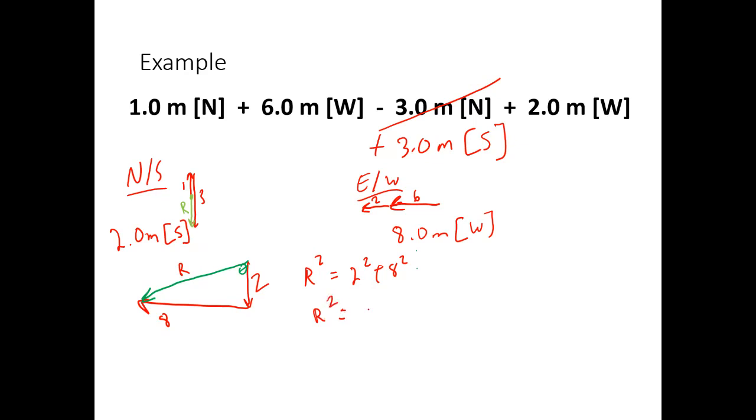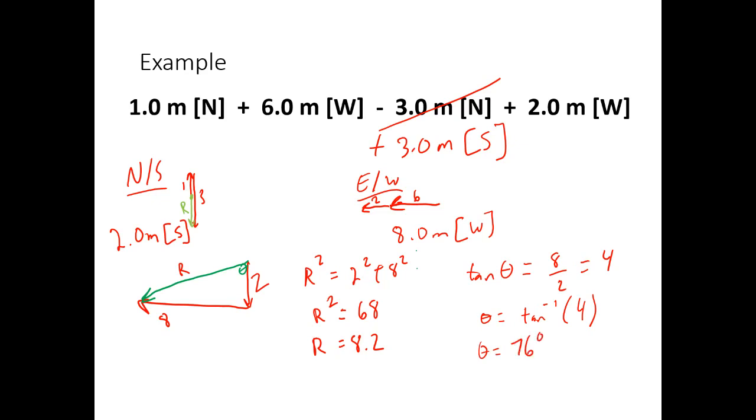R squared is 68, or r being 8.2. The tangent of theta is 8 over 2, or 4. Theta is going to be the inverse tangent of 4, or theta will be 76 degrees.